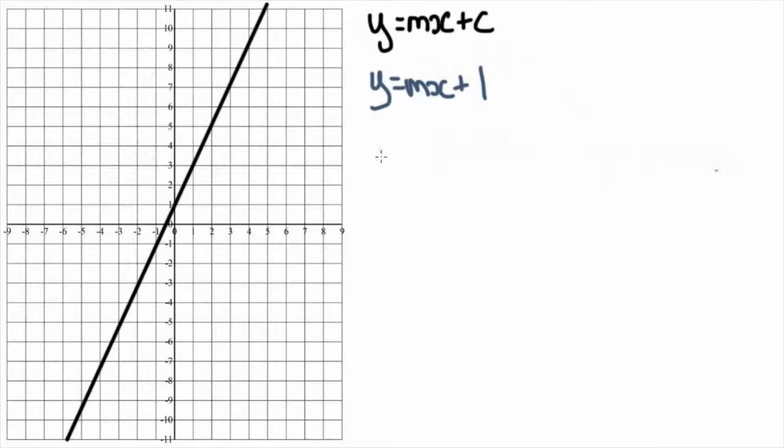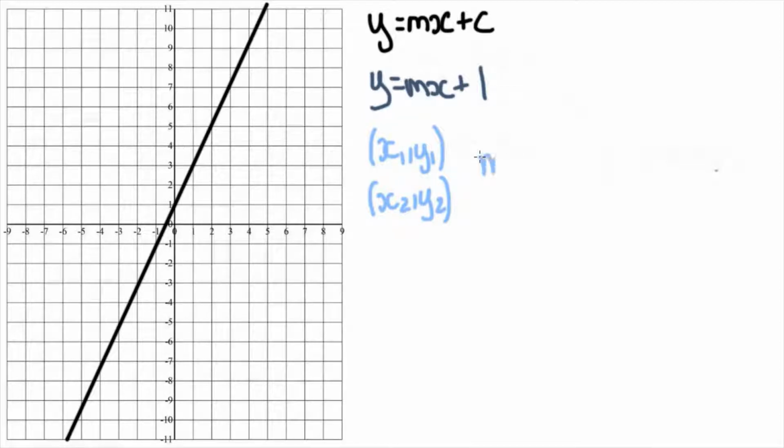Now we can work out the gradient of a straight line using a formula. Let's say we have two coordinates, (x1, y1) and (x2, y2). Both of these coordinates are from the straight line.